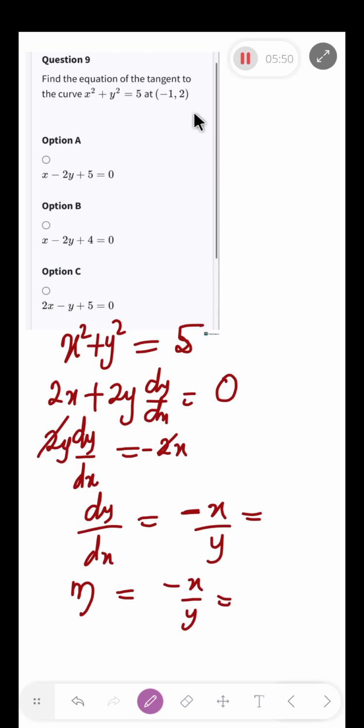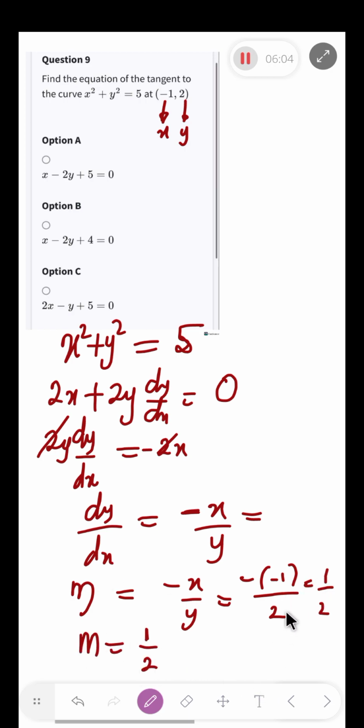At point x1, y1, you have x is minus 1, that's minus minus 1 over 2, and that is 1 over 2. Since the gradient is already equal to 1 over 2, the next thing for us to do now is to recall the formula for gradient, which says gradient is equal to y minus y1 over what? x minus x1.